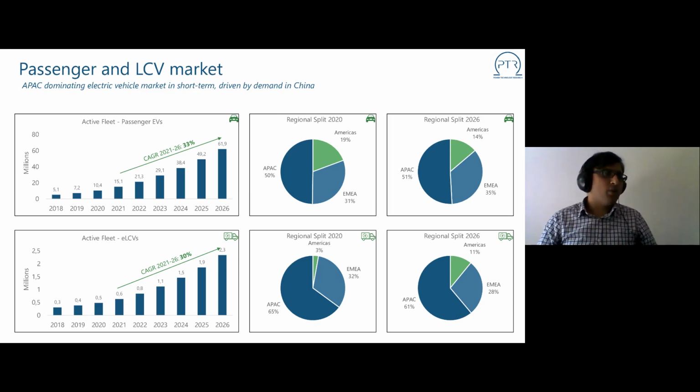In APEC, the reason you see in the pie charts that China already has a huge electrification in terms of passenger electric vehicles is something we see changing moving forward. In the light commercial vehicle segment, the US, especially in Americas, is supposed to increase its share significantly. So a lot of electrification, as I discussed earlier, is expected to happen in the light commercial vehicle area.